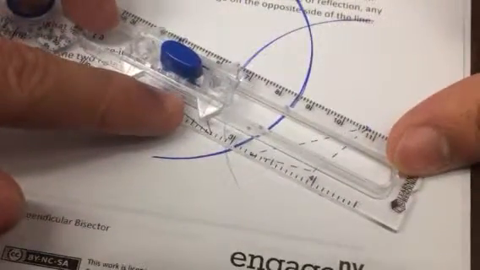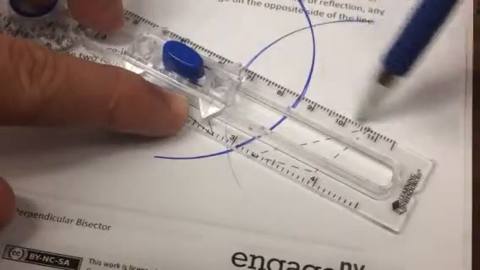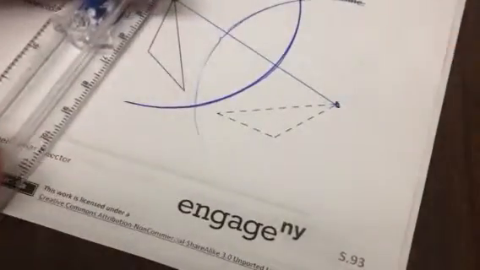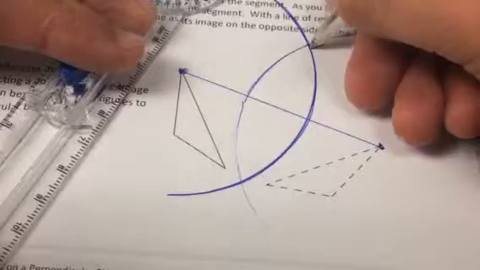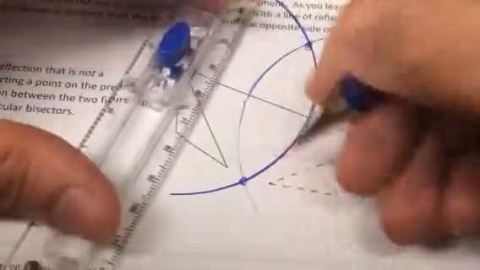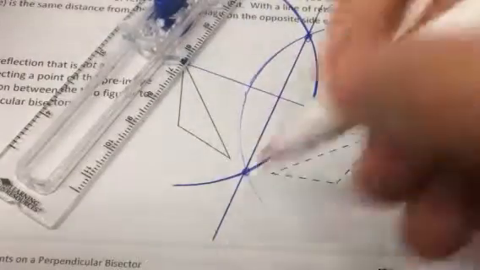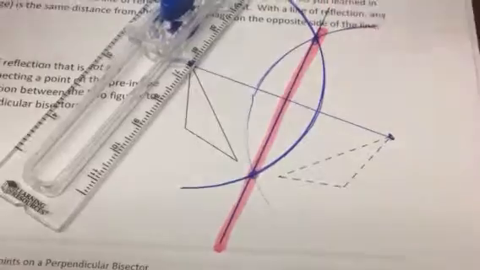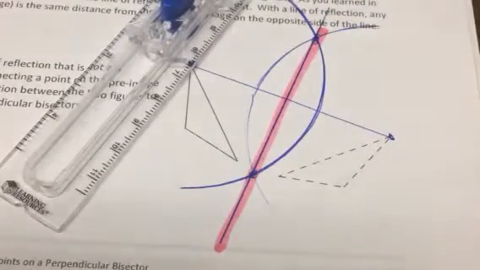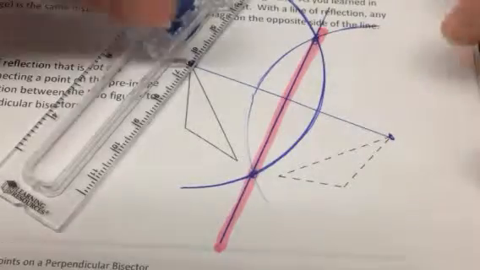If you want to draw the line, connect them, you can, if that helps you. But notice now here and here, so if we connect that, that is our line of reflection. There's a line of reflection right there. All right, so we needed to use the perpendicular bisector. We needed to use perpendicular lines in order to create the line of reflection.